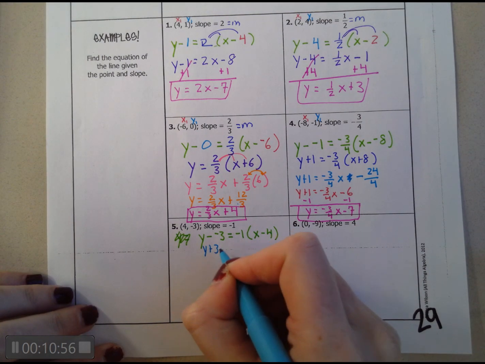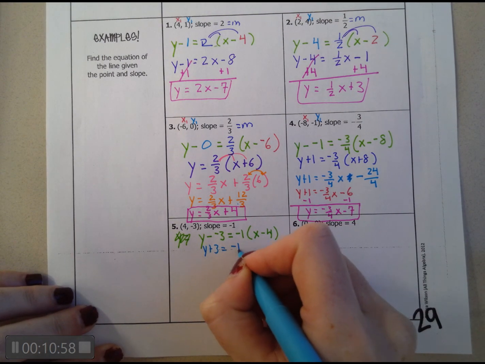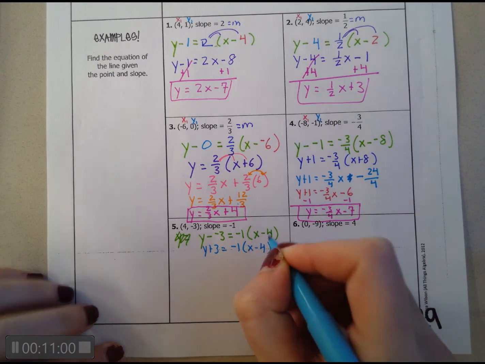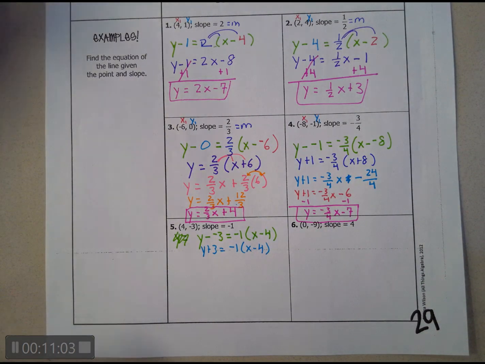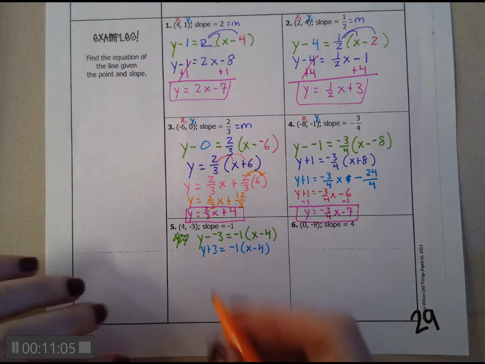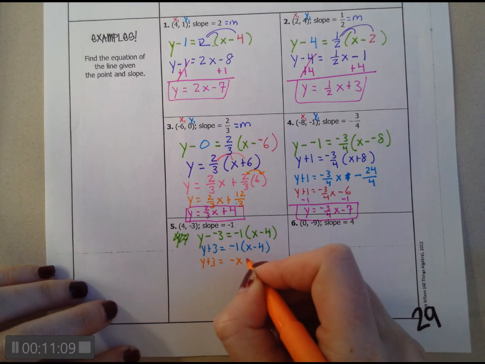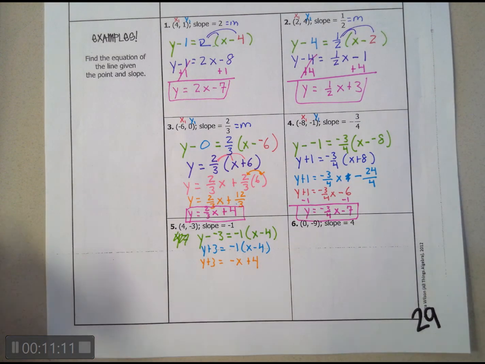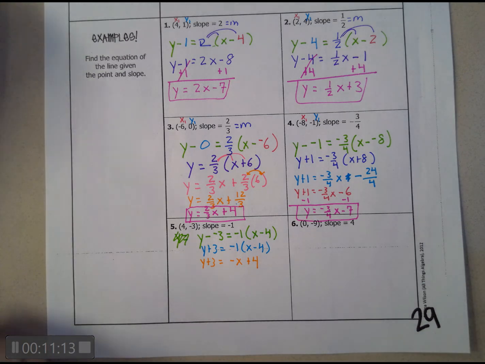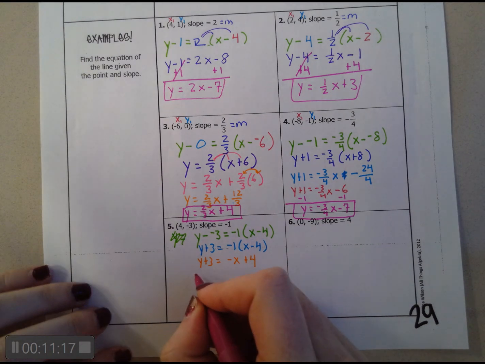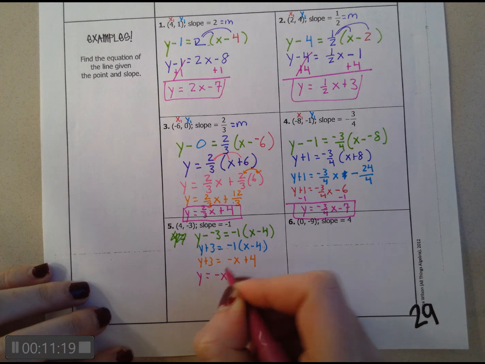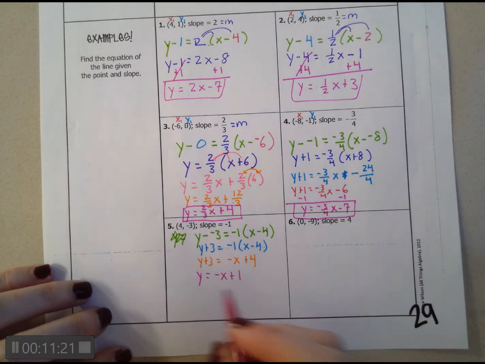So y plus 3 equals negative 1 x minus 4. Y plus 3 equals negative x plus 4. Subtract 3 from both sides. Y equals negative x plus 1.